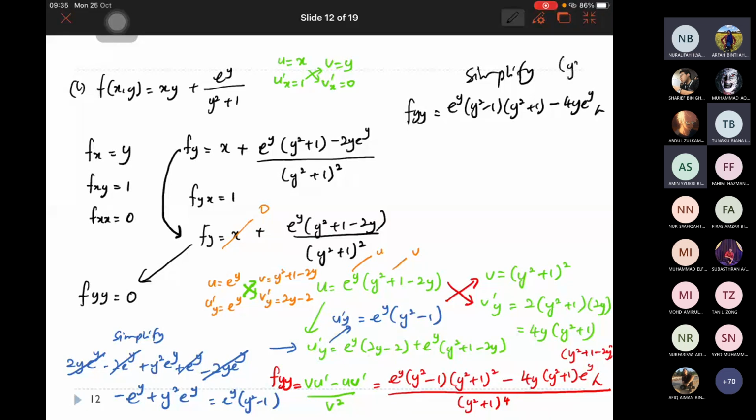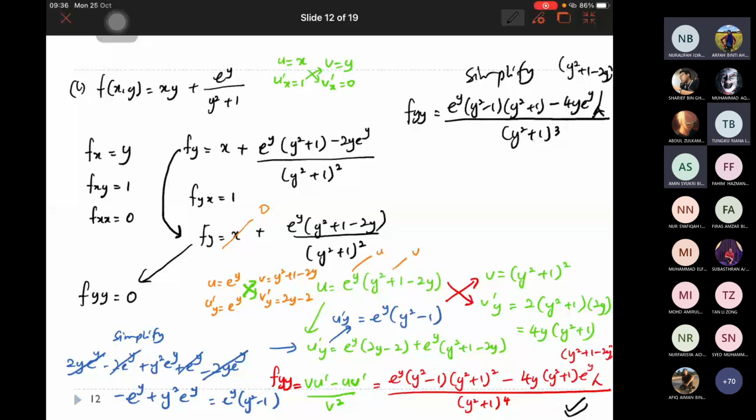Yang ini adalah y squared tambah 1 tolak 2y dibahagikan dengan y squared tambah 1 kuasa 3. Atas tu kita boleh darab dekat atas tu. Atau tinggalkan jawapan macam ni je pun should be fine.